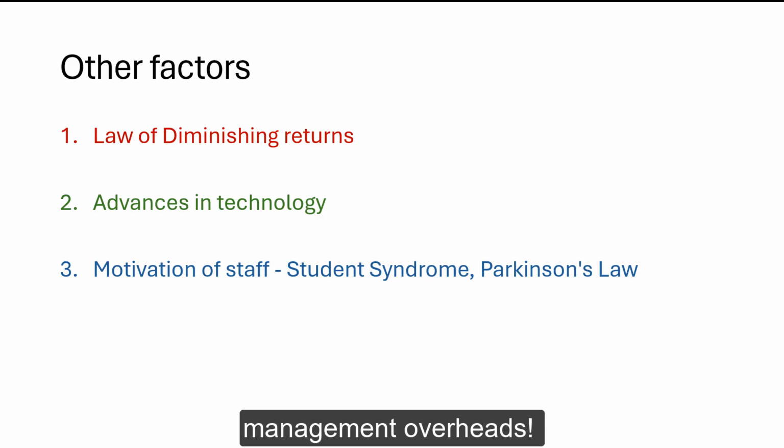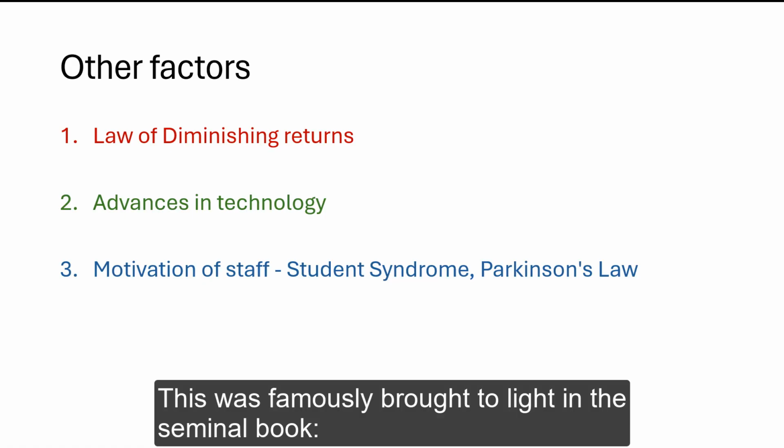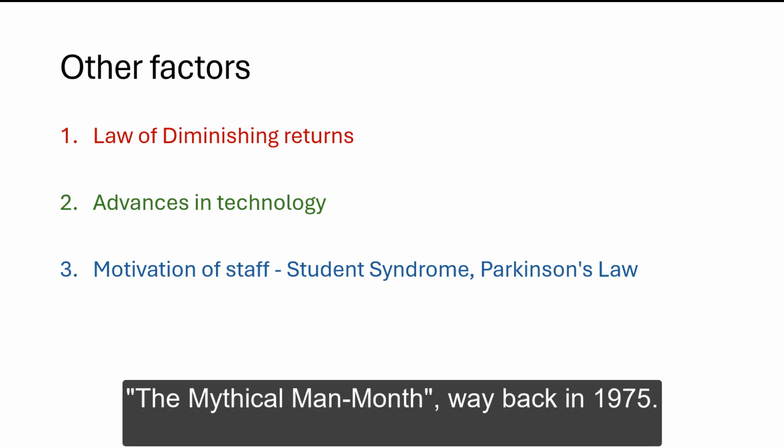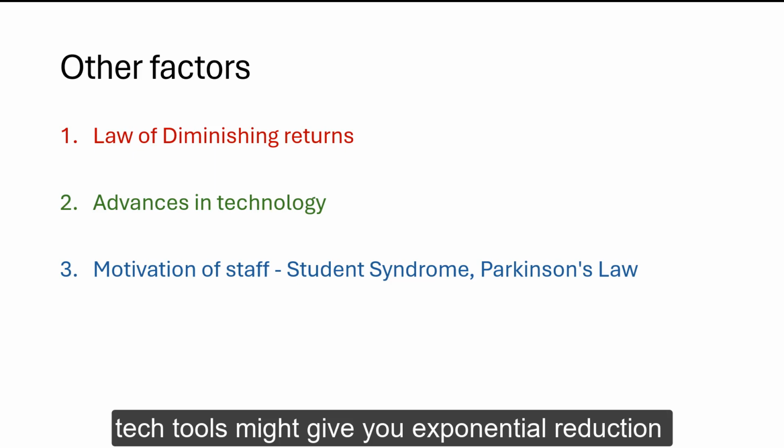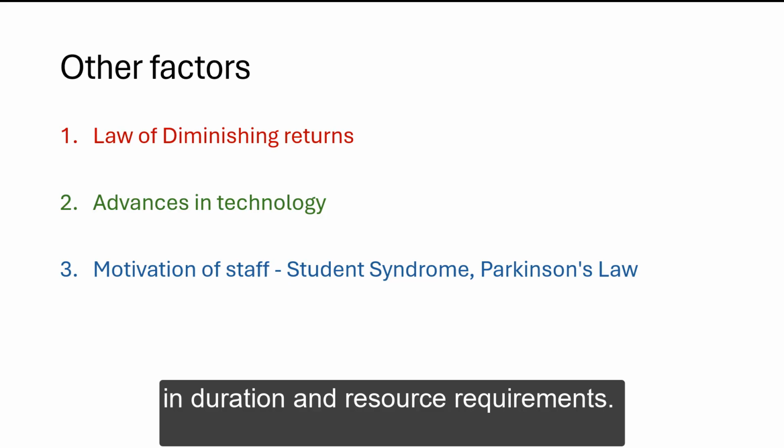This was famously brought to light in the seminal book, The Mythical Man Month, way back in 1975. The second point is that advances in technology, harnessing the latest technical tools, might give you exponential reduction in duration and resource requirements, especially with the breakneck technical advancements happening today.